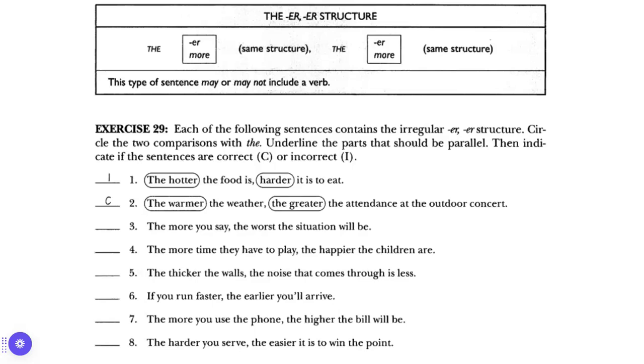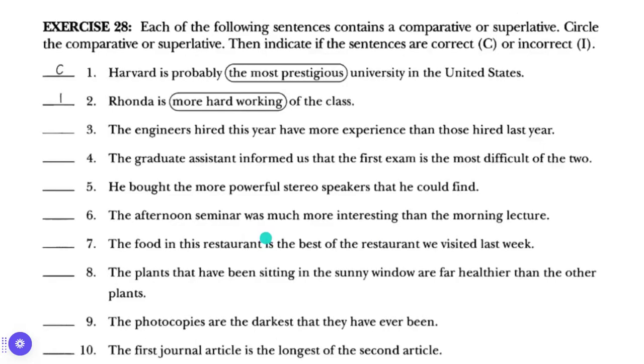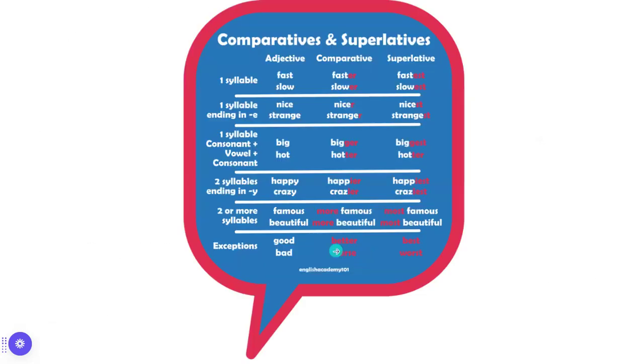Number 3. It says, the more you say, the worse the situation will be. Now, this is incorrect because here we have "the worst," but it should be "the worse," as in the comparative form worse.